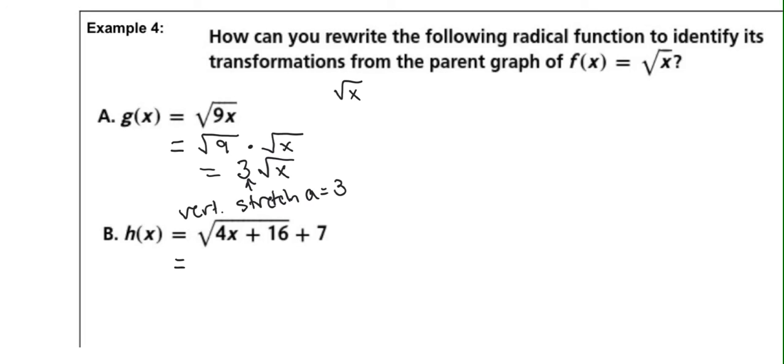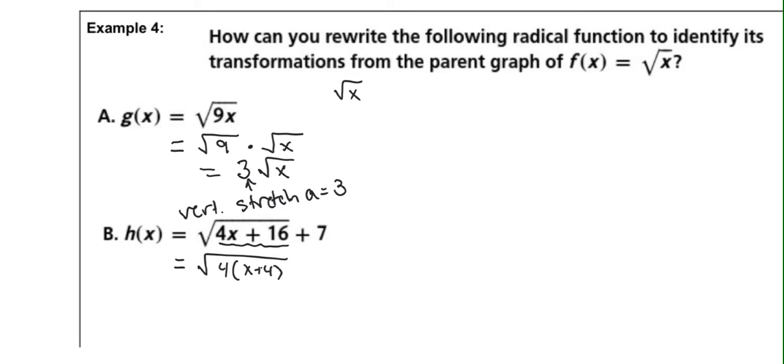Now let's do b. All right, I'm going to first factor out a 4 from this 4x plus 16. So square root of 4, I factored out a 4. So I just have x, and then plus 16 divided by 4 is 4.